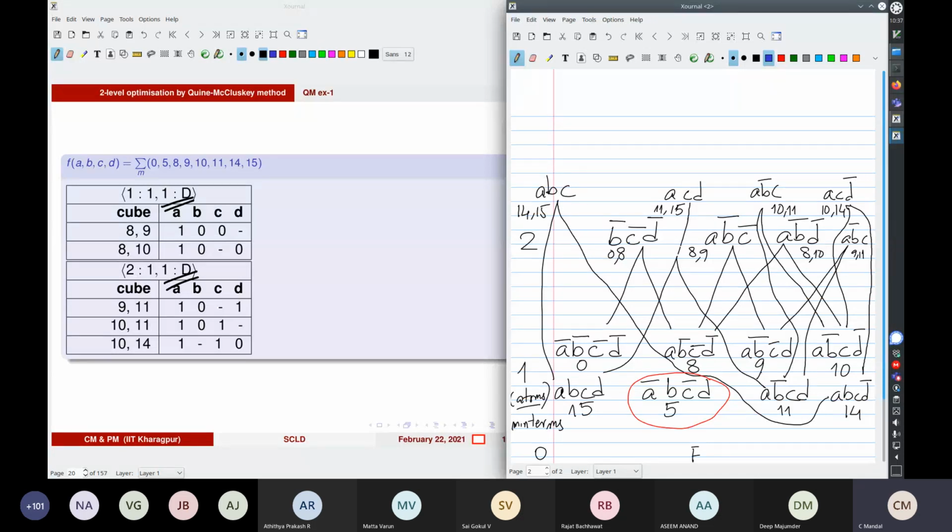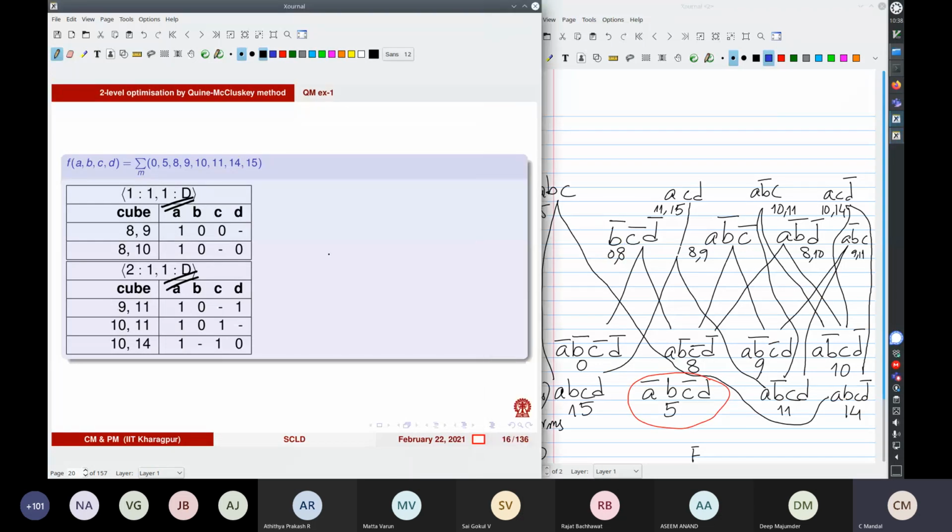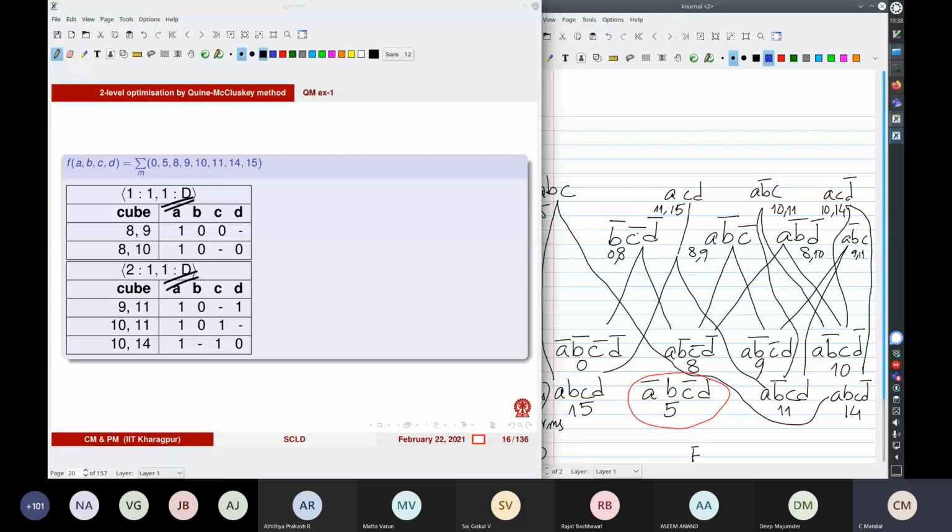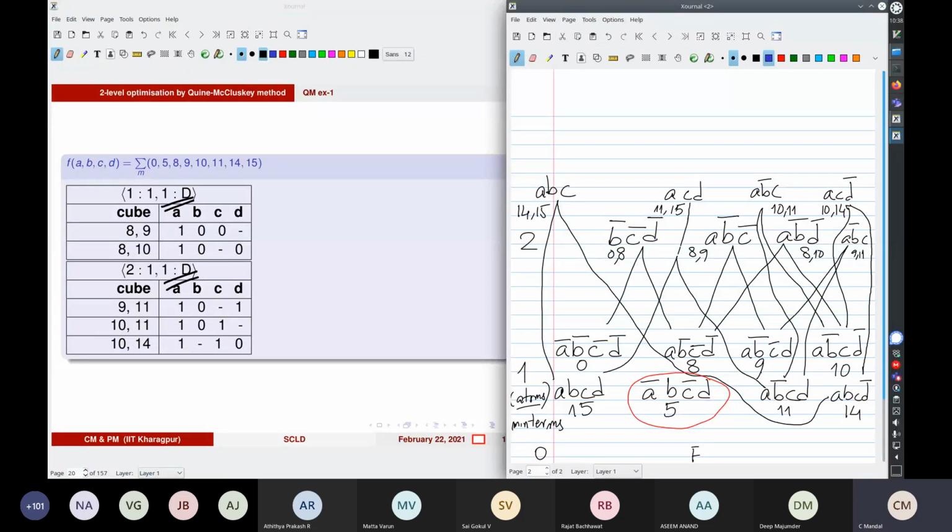So, okay, I don't know whether it has been missed out here, but we'll check out. So, do we have any cube? Yeah, so if you see 0, 8, 9, I might have missed that out here. So we should consider cubes with zero number of ones and one number of ones.